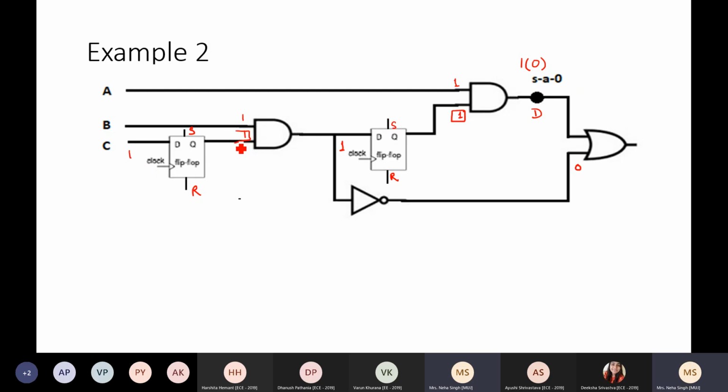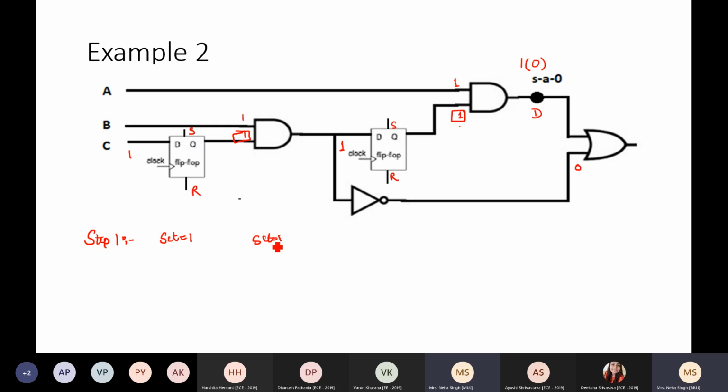Now the advantage that I get using this set reset is that we need not work for different time frames. I know that by analysis, I need to have a 1 here and a 1 here. It means in the first step, I should put set equal to 1 for flip-flop 1 and set equal to 1 for flip-flop 2 simultaneously.